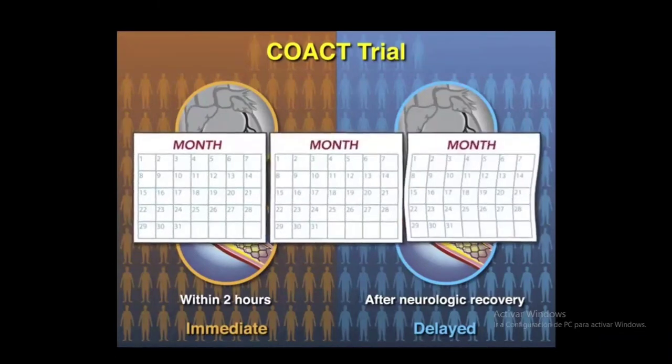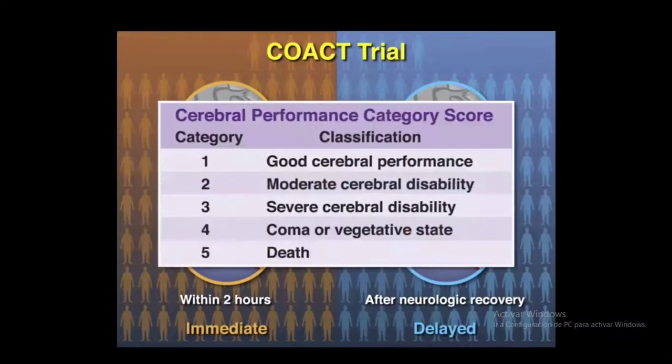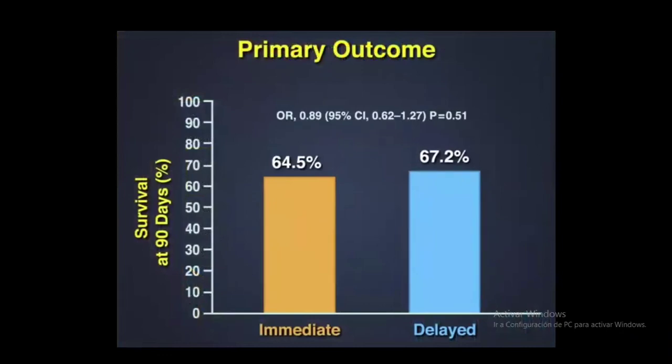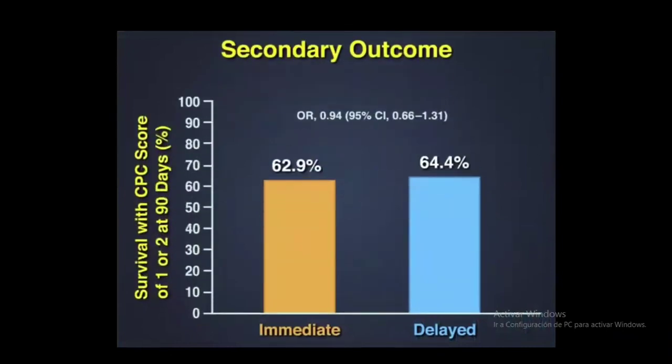The primary outcome was survival at 90 days. A key secondary outcome was 90-day survival with a cerebral performance category score of 1 or 2, indicating good cerebral performance or no more than moderate cognitive disability. There was no significant difference between the intervention groups in the primary outcome. There was also no significant difference in the key secondary outcome of 90-day survival with a cerebral performance category score of 1 or 2.